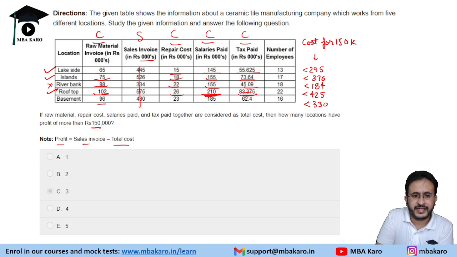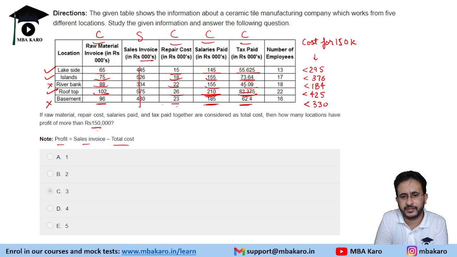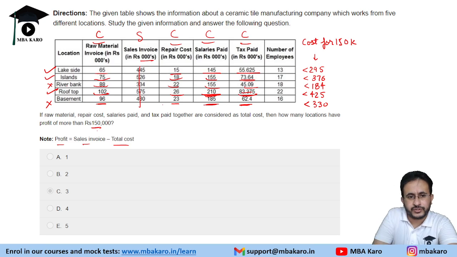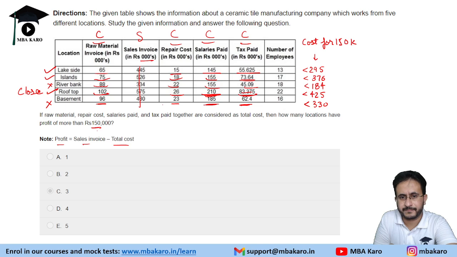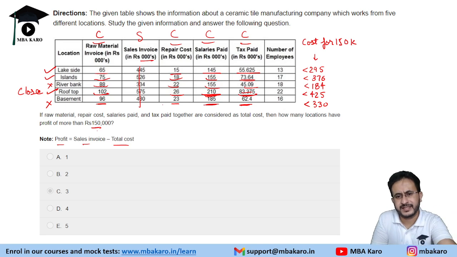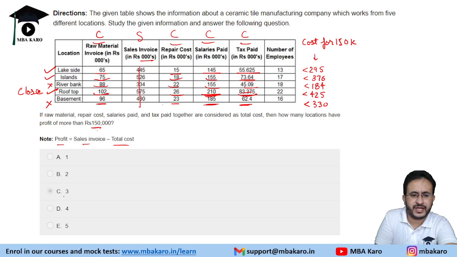Now, if you see 96, 119, these are clear cut, close to 250 and 350 plus. So this definitely does not have. These are some mental calculations that you need to do. So we get 3. Four were clear cut, Rooftops was a close one where we had to actually do the calculations. Rest you can say that this is less than this, greater than this. So we have three such locations.